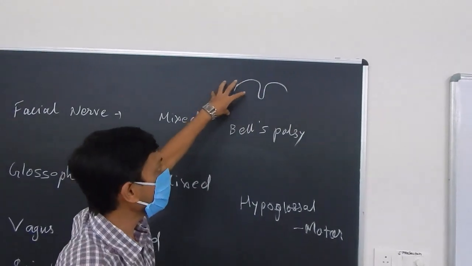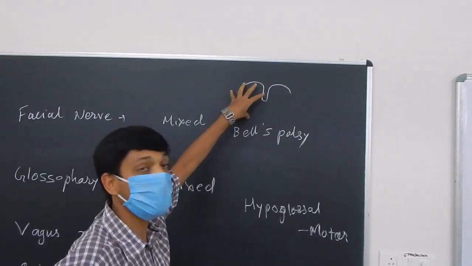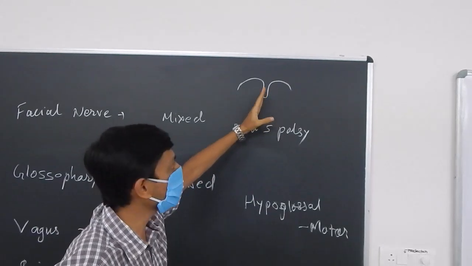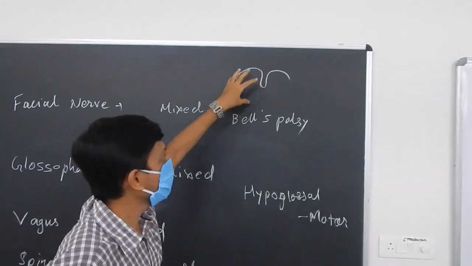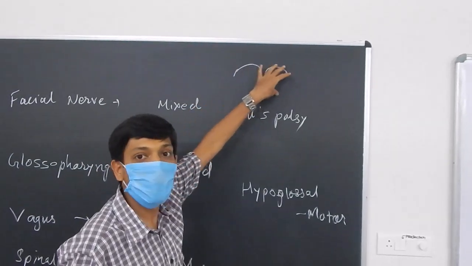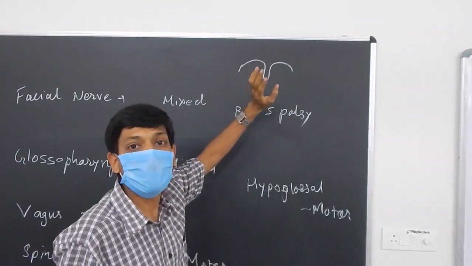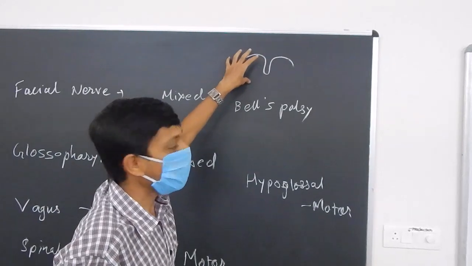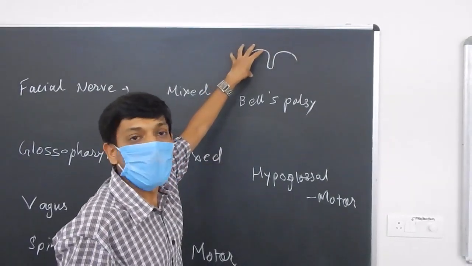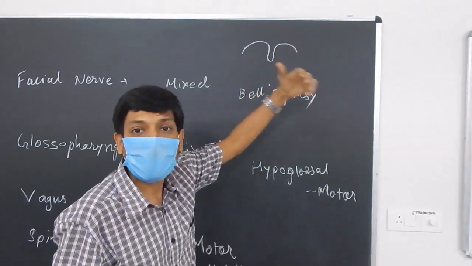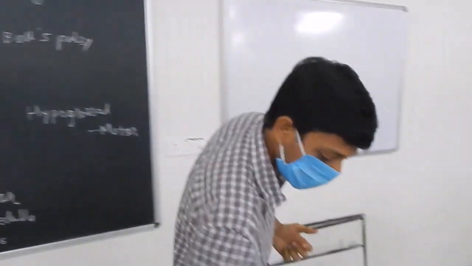The movement must occur symmetrically, bilaterally. Okay, uvula must not be deviated toward one side, and the soft palate must move bilaterally symmetrical. That you have to check for, because in the case of paralysis of one side the soft palate will move, but the other side will remain lax. Okay, so that you have to check for.